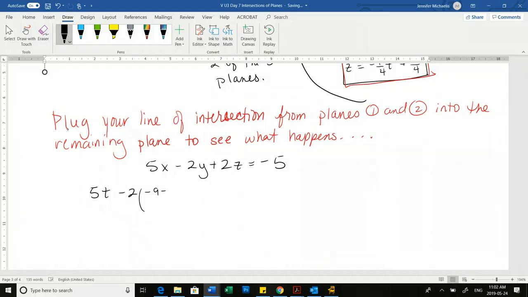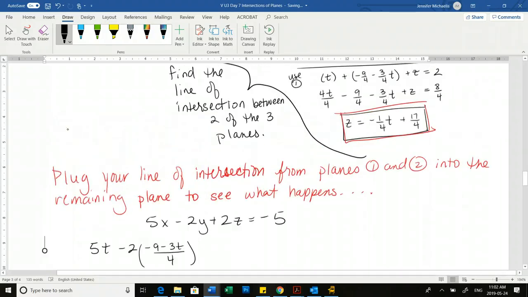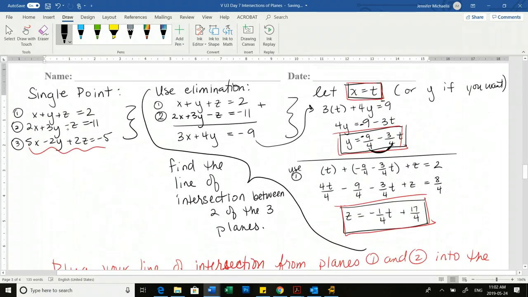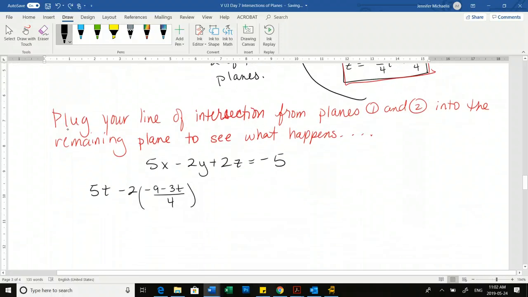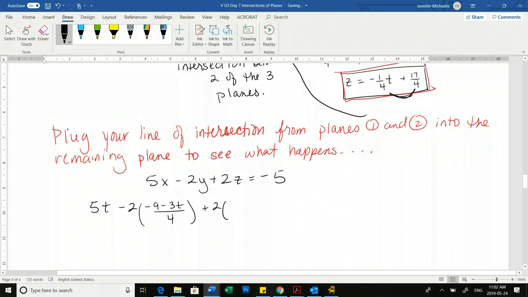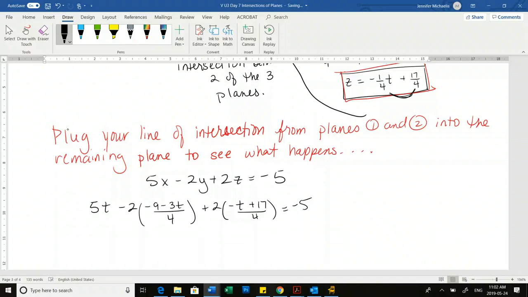Because this already has a common denominator, maybe we can merge that together and let that be all over 4, rather than expressing these as 2 separate ones. Then I'm going to plug in our last one. Again, I'm going to merge these two together, because I know I'll be able to cancel it with this value up here. So it'll be negative t plus 17 all over 4 equals negative 5.